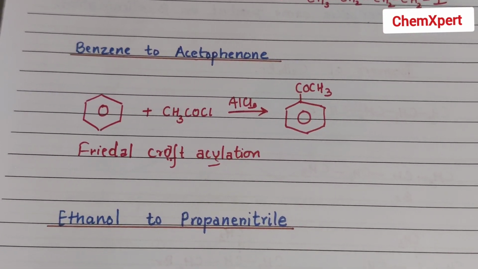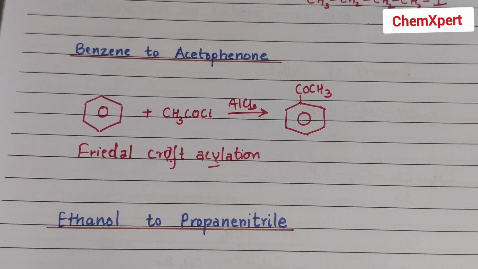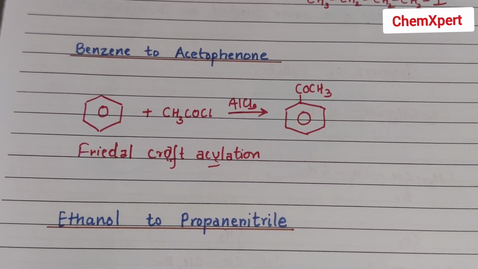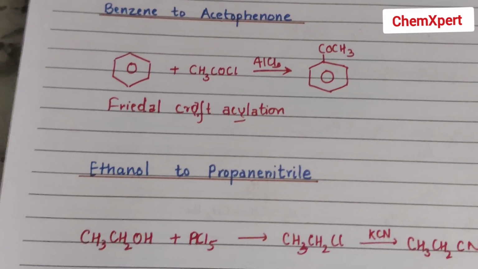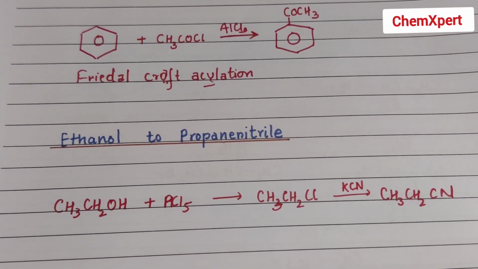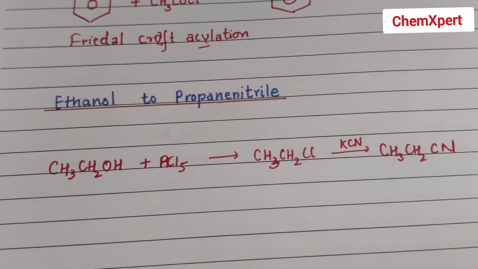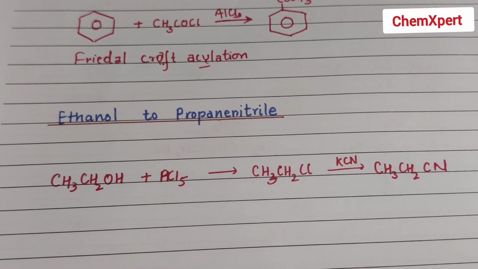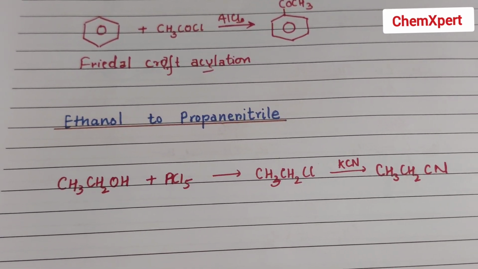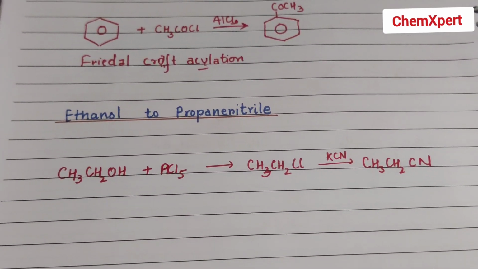Next is ethanol to propanenitrile. From ethanol we get the haloalkane by treatment with PCl5, and then just using an ambidentate nucleophile. It is again a step-up reaction where one carbon is added, and it was already uploaded in the last video. So I hope you are able to understand all these questions from haloalkanes and haloarenes.